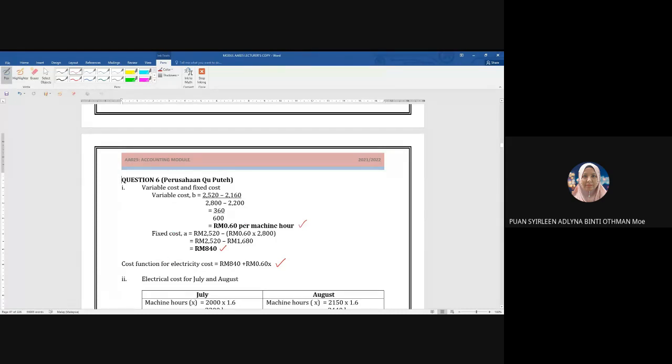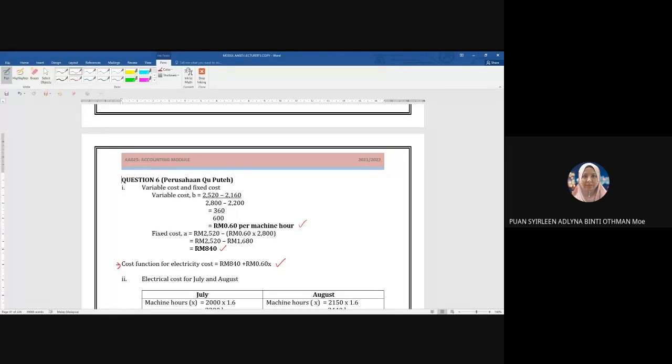So that is your overall cost untuk electrical. So the cost function is the one that I did down here. So sekarang soalan minta kamu using the information in Roman 1, calculate the electricity cost for July and August.